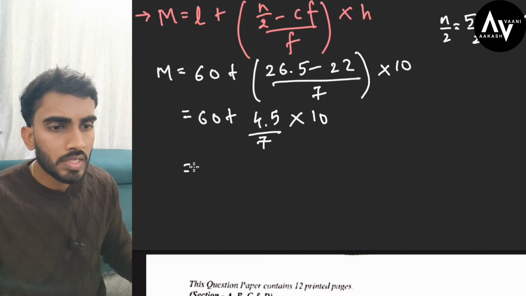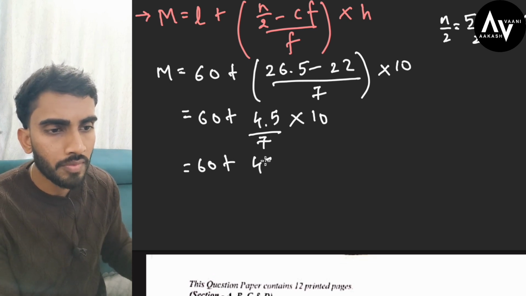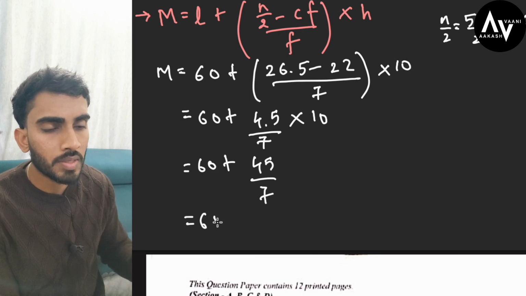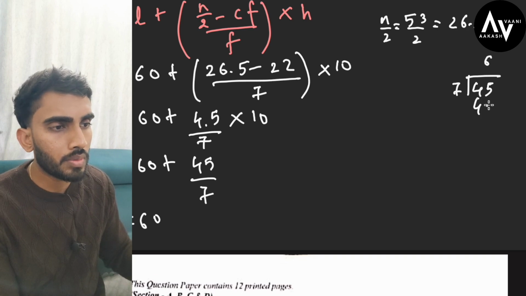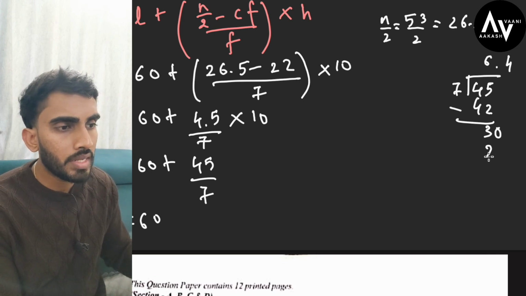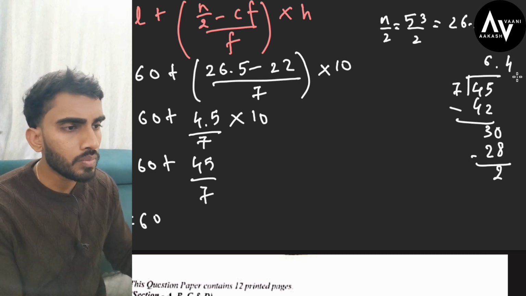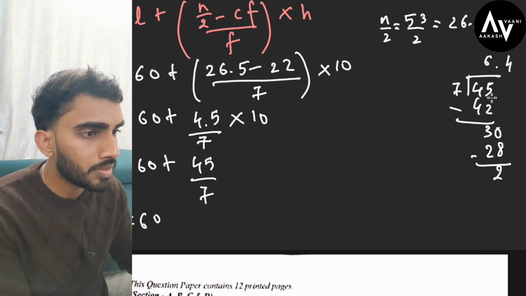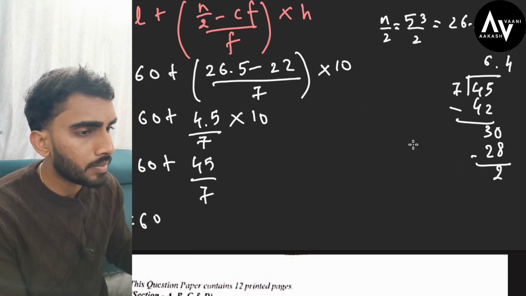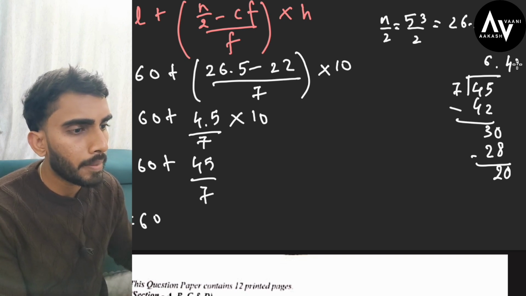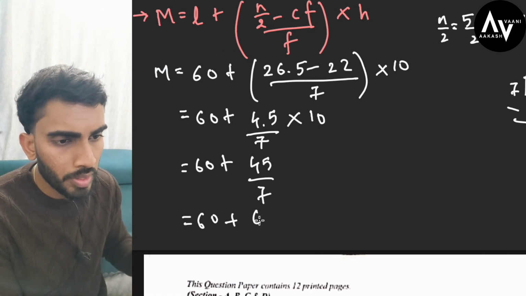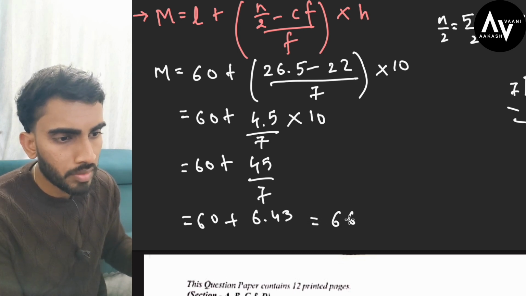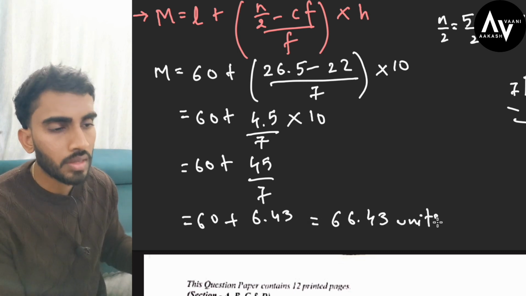So your 60 plus 4.5 into 10 gives 45 by 7, and when we divide 45 by 7, we get 6.43. So 60 plus 6.43, and this gives us 66.43 units. This is the value of the median.